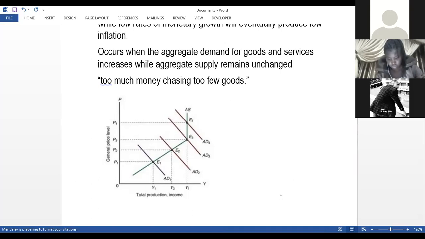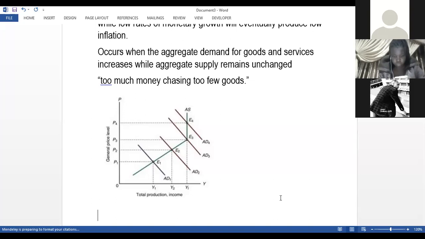But when we get to YF there, which is the full employment level of the economy, which represents the level at which we are utilizing all the resources within the economy and we are not able to exceed that level of production by any means. So whenever we reach the full employment level of production within the economy, any further increases in the aggregate demand would result in the increases in the price without a corresponding increase in the total production or the total income within the economy.